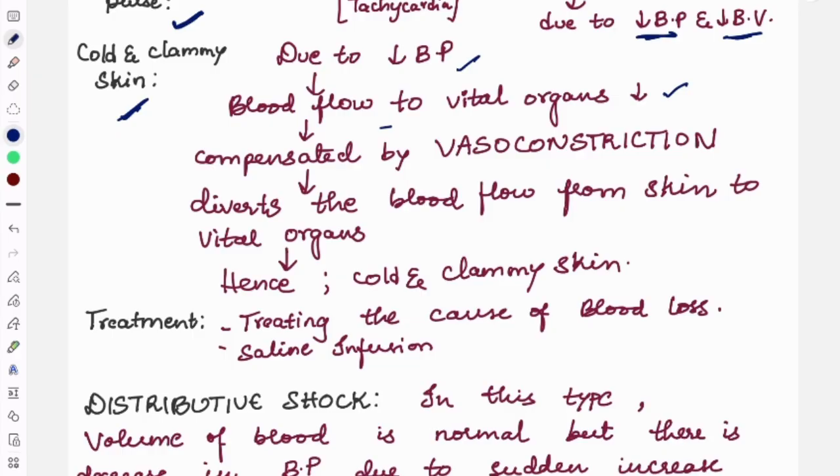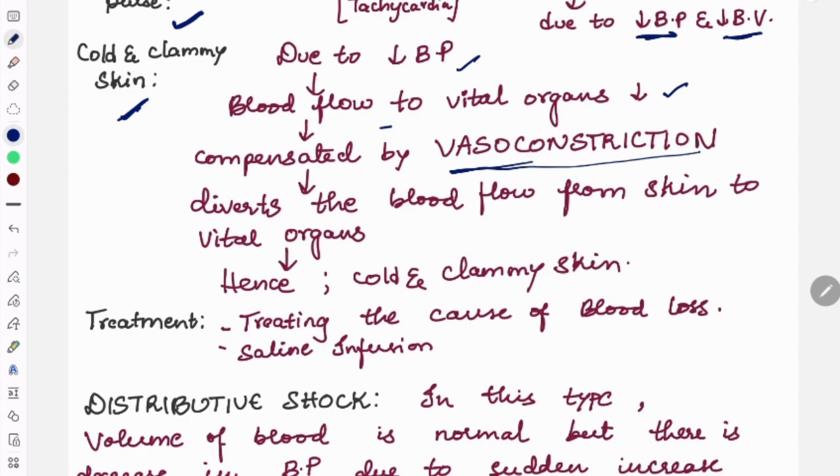Once blood flow to the vital organs decreases, the compensatory mechanism gets activated that causes vasoconstriction, because blood flow should be continuous to vital organs like the heart, liver and kidney. For such organs the blood has to be maximized. That is the reason vasoconstriction comes into action.